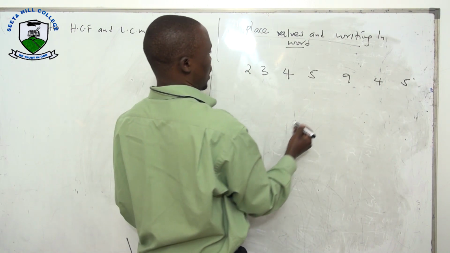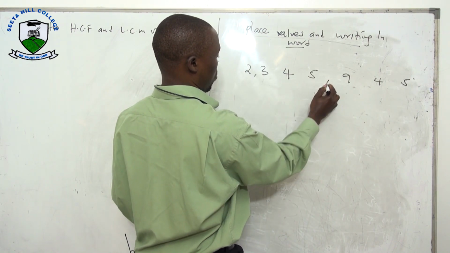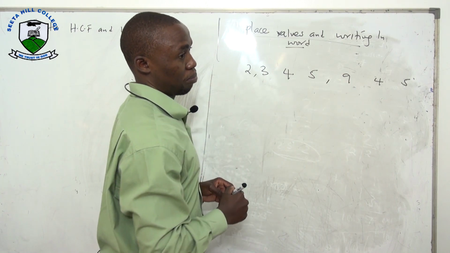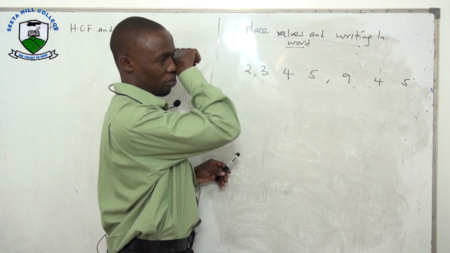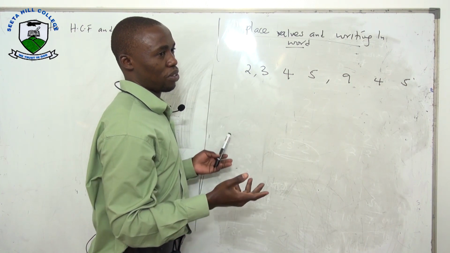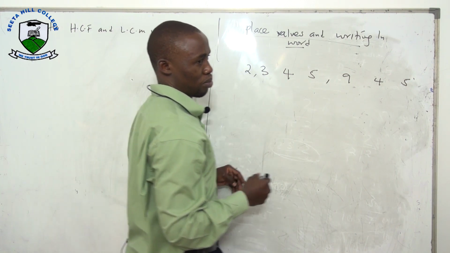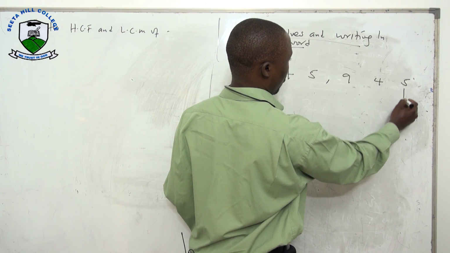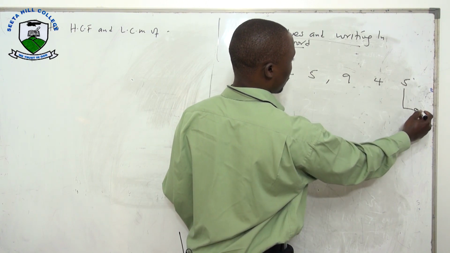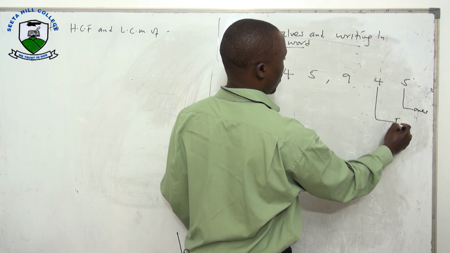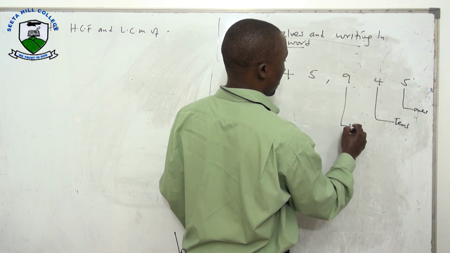I think I'll end in a million. Beyond a million, you'll go into millions, billions, and so on. What is this place value? Ones. Tens. Hundreds.